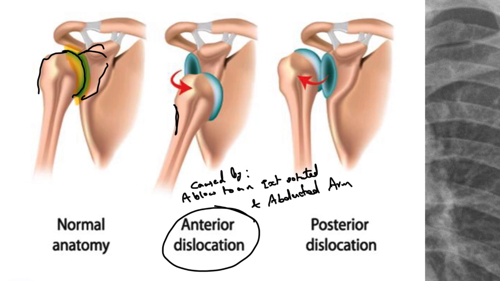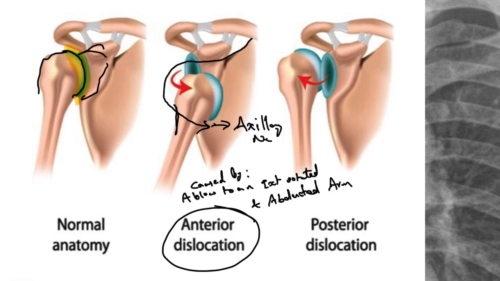Because from the back you get one nerve that comes around the backside beyond the surgical neck of the humerus. Which nerve? That is the axillary nerve.